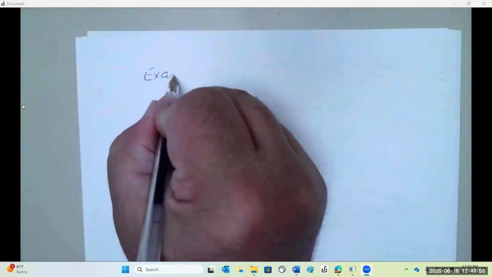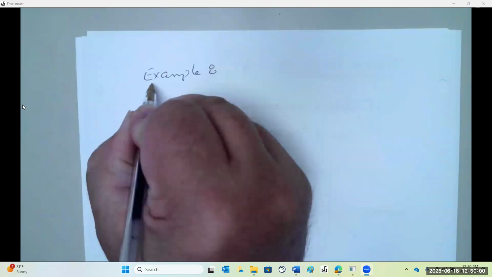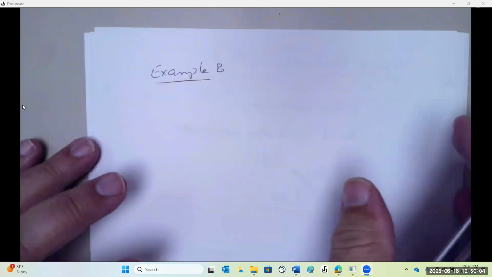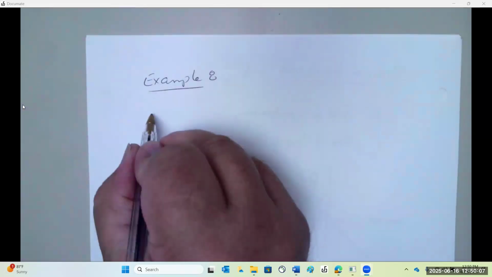Let's look at some examples on this one. And then I'm going to ask you, why is continuity important? But not just yet.